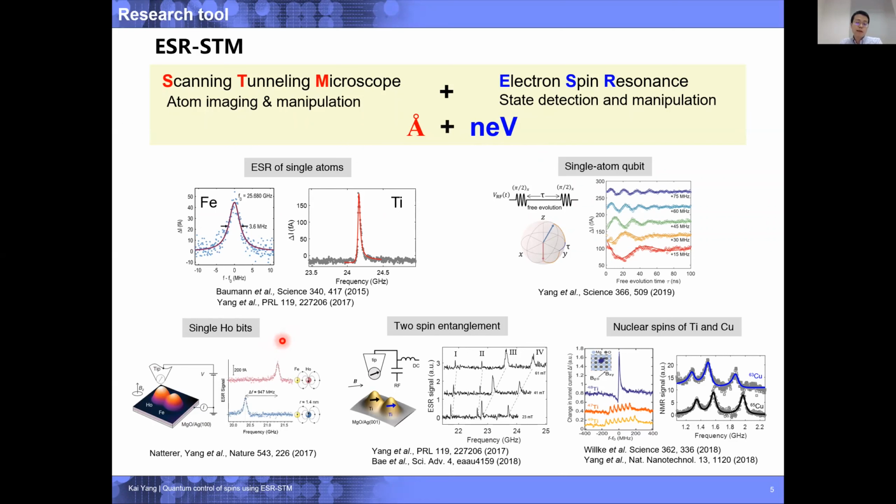Using ESR STM, we can also look at the spin-spin interactions of surface atoms, such as magnetic dipolar interactions, the Heisenberg exchange interaction, and even the hyperfine interaction between the nuclear spin and the electronic spin. And two years ago, in 2019, we finally showed that we can make this surface atom into a quantum bit by showing this quantum oscillatory behavior. This is realized by the so-called pulsed ESR measurement.